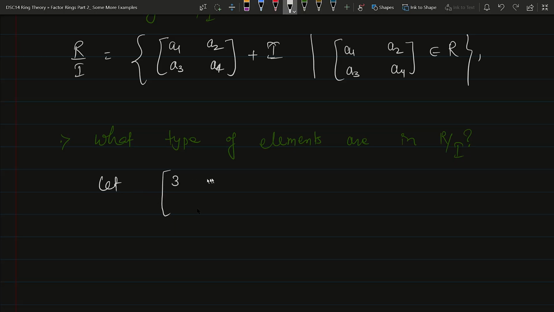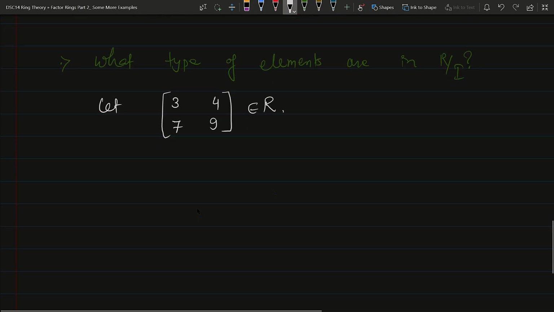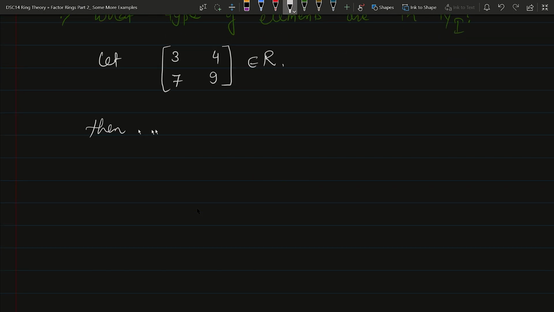This is equals to, like, 3, 4, then we are taking 7 and 9. Okay, so this is any arbitrary element from the ring R. Then this matrix 3, 4, 7 and 9 will be equal to, you can write this as 2 plus 1, then 1 plus 2, then 0 plus 4, 1 plus 6 and 1 plus 8.